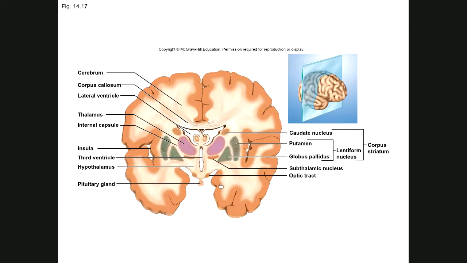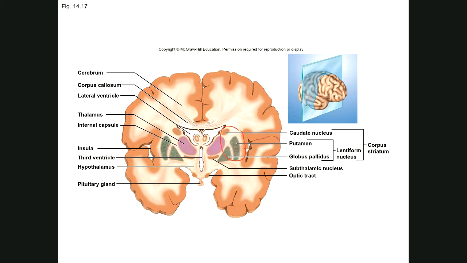Okay, now here is the structures of the basal nuclei. Okay, let me circle these structures here that make up the basal nuclei with a red line. Okay, so you see right there, I circled these structures there.